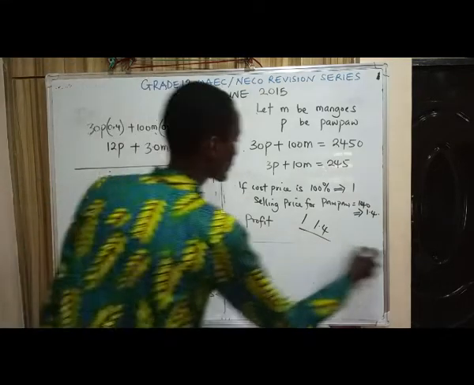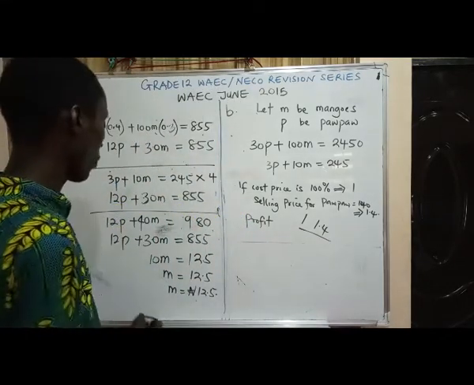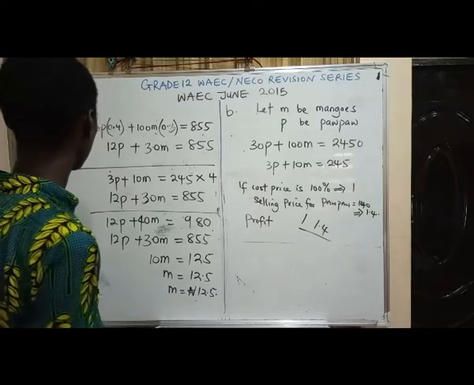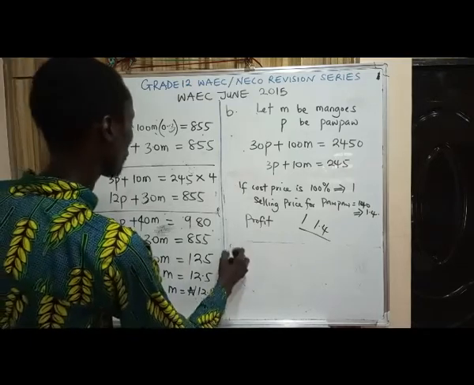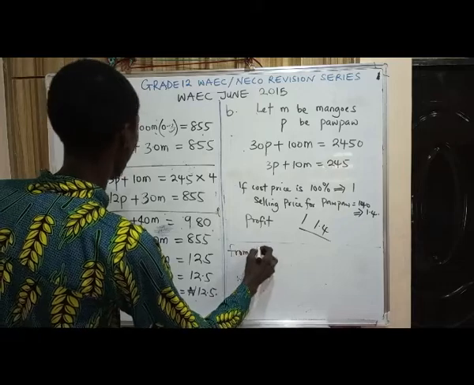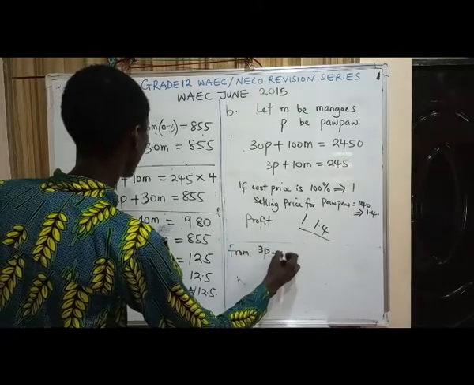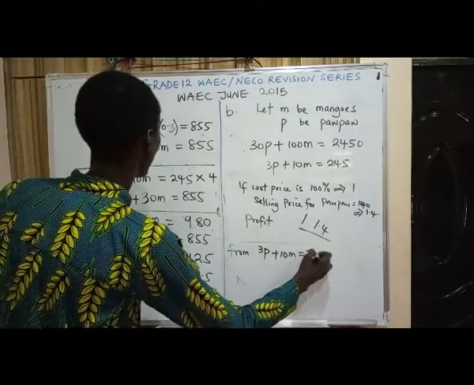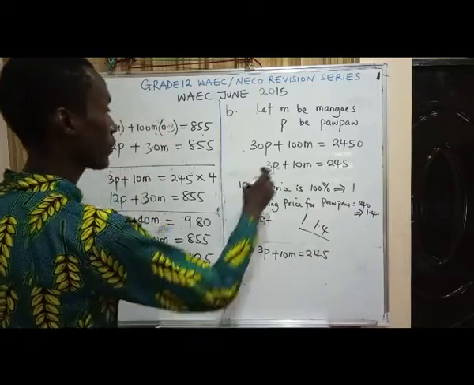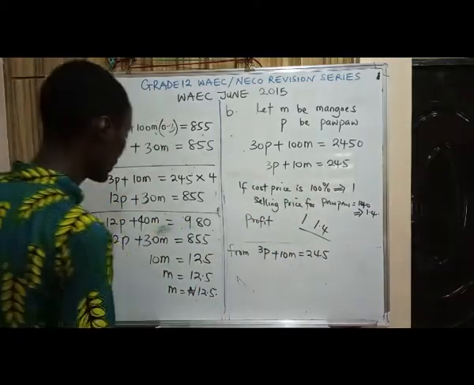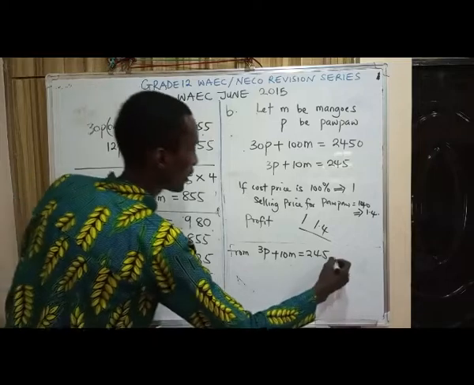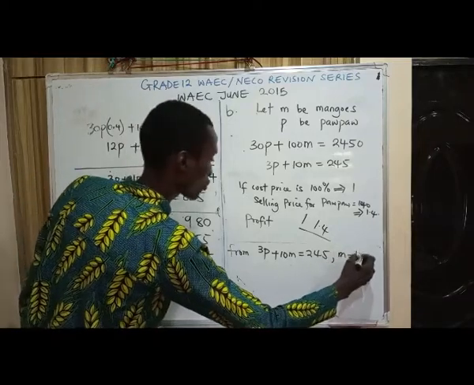So I've gotten m to be 12 naira 50 kobo. So from here, I can now obtain my p. I can pick this equation, 3p plus 10m equal to 245, which is what I got here. It will mean that m is equal to 12.5.